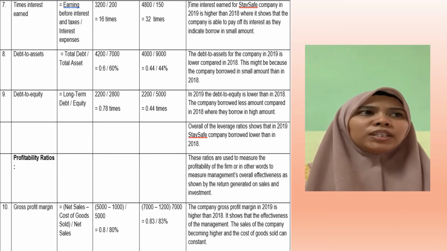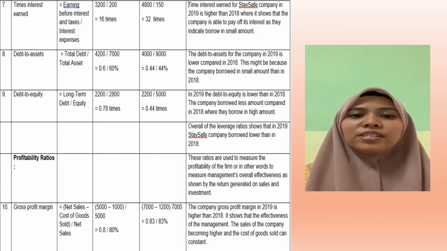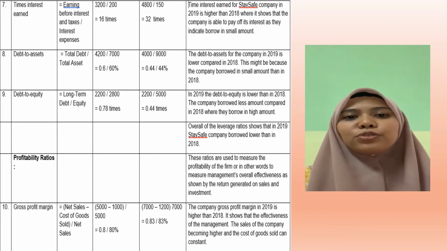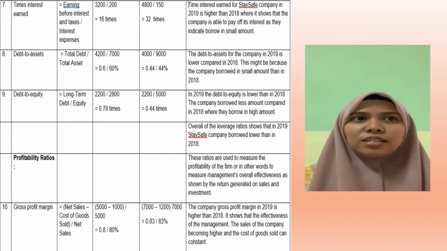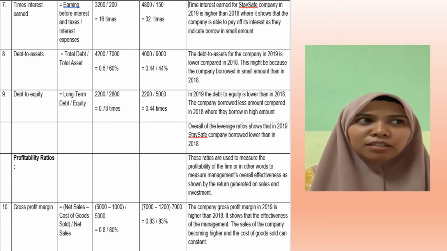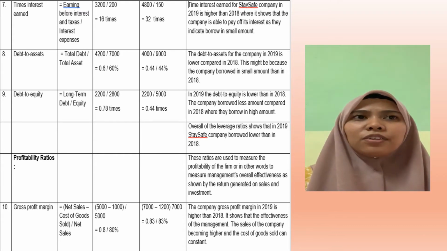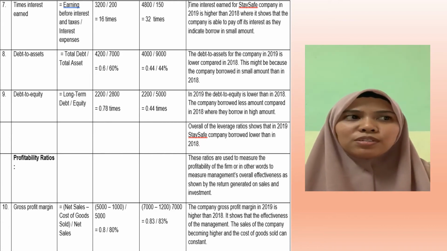Debt to equity in 2018 is 0.78 times compared to 2019, which is 0.44 times. In 2019, the debt to equity is lower. The company borrowed less compared to 2018, where they borrowed a high amount. Overall, the leverage ratio shows that in 2019, Staysafe company borrowed lower than in 2018.